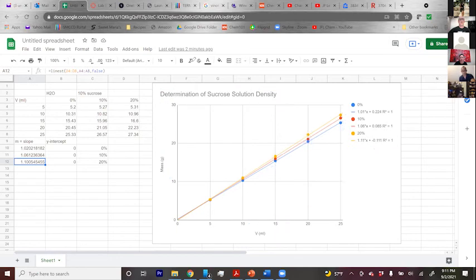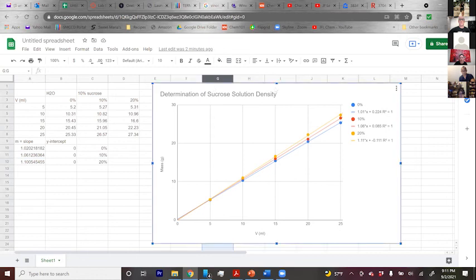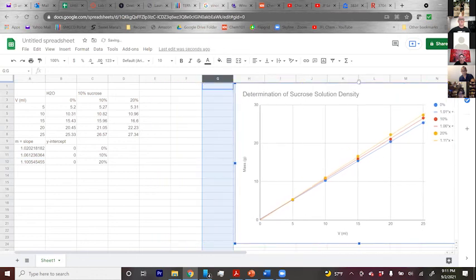Clear all that out of there. All right, let me move this out of the way. So I would put my 30% data here. And the reason I type this in here, notice that when I plot it, it automatically puts the 0, the 10, the 20, the 30.